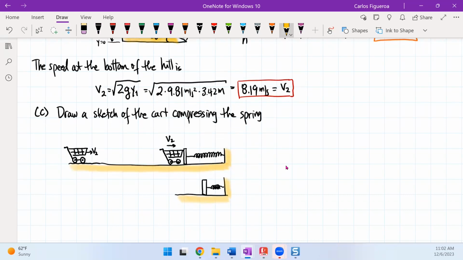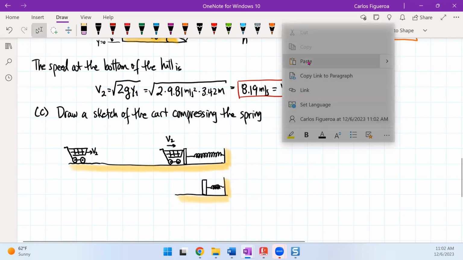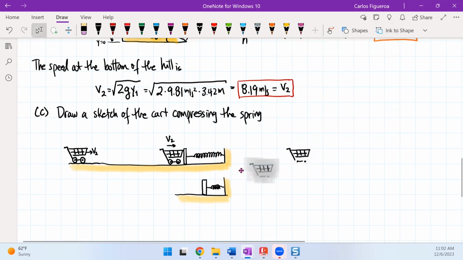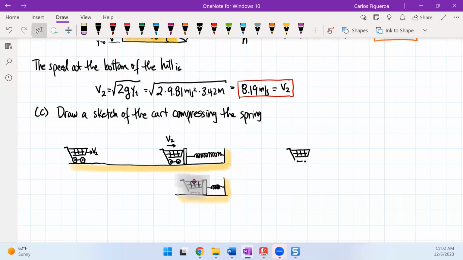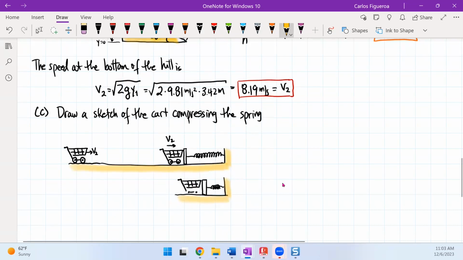And so I'm assuming that I'm going to get maximum compression here. So let me move my cart here again. And at this point, we assume that the speed of the cart is now 0.